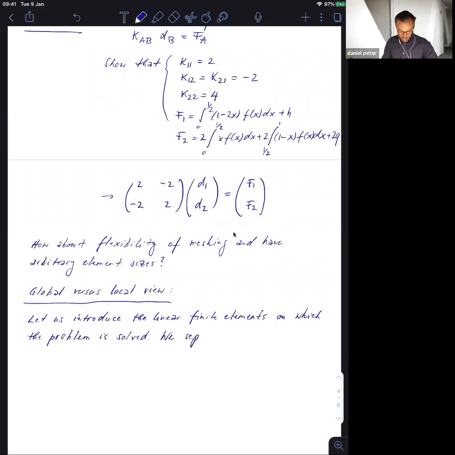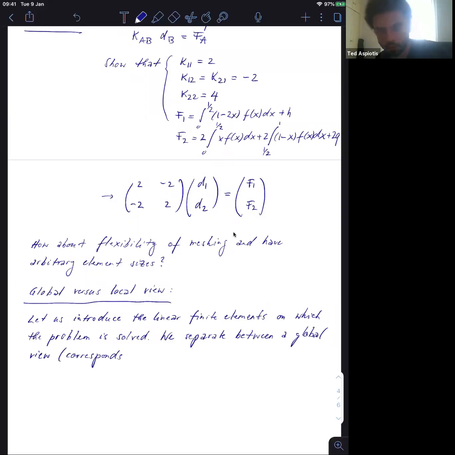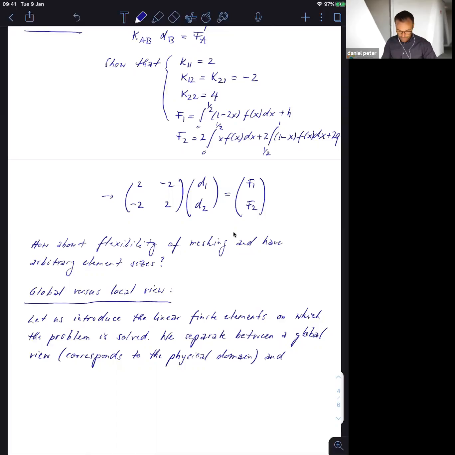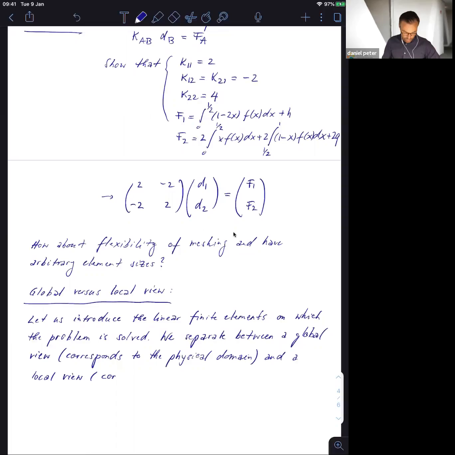Then we separate between a global view, which corresponds to the physical domain, and a local view, which corresponds to a reference domain.